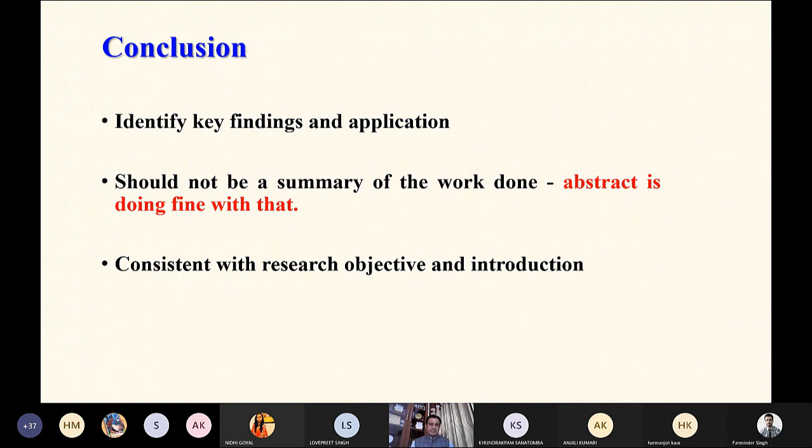It should not be a summary of the research paper like the one we have already written in the abstract. The findings and implications we write in the conclusion must be consistent with the research objective and the introduction. These are the different things we have to consider when writing the conclusion.